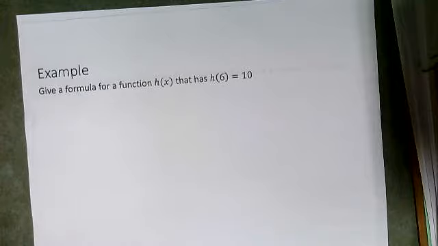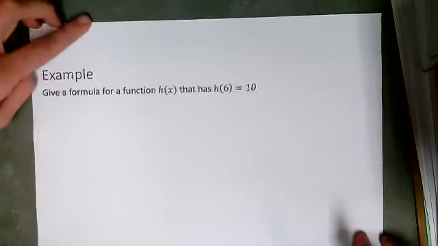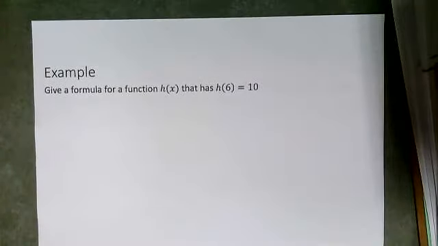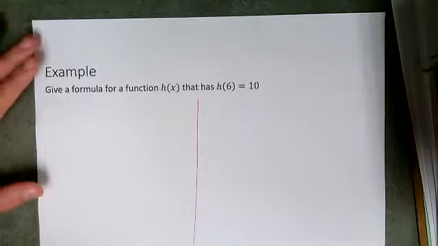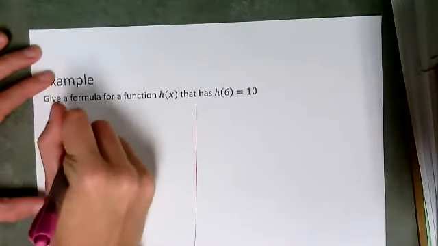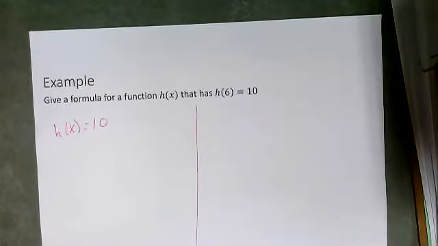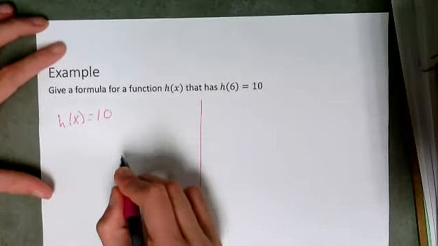All right. An example here. Give a formula for a function h of x that has h of 6 is equal to 10. So there are many possible answers. Let me give two real quick. One of them, h of x is equal to 10. It's not quite cheating, but this is just a little quick way out of it.